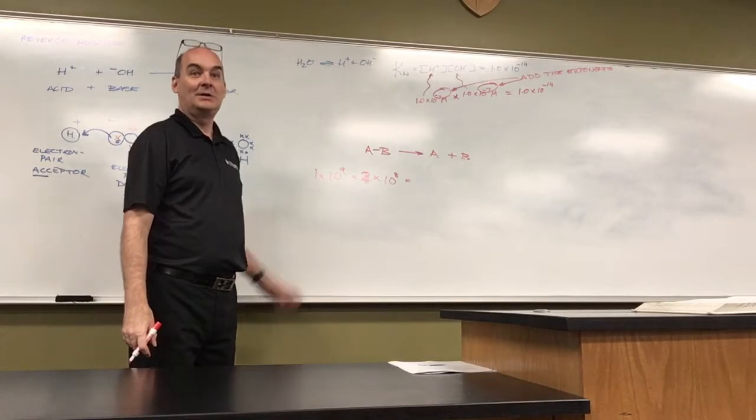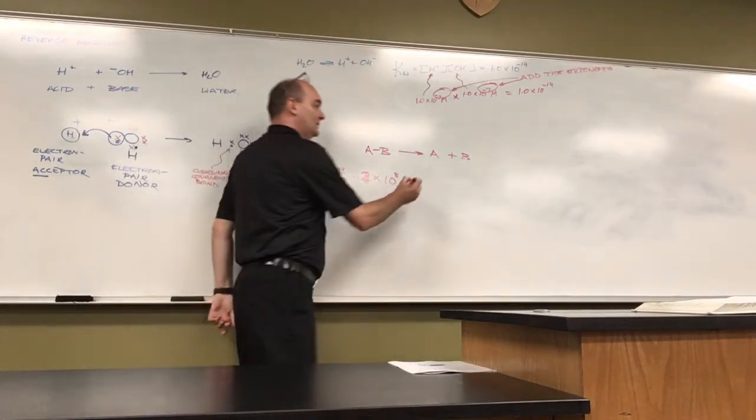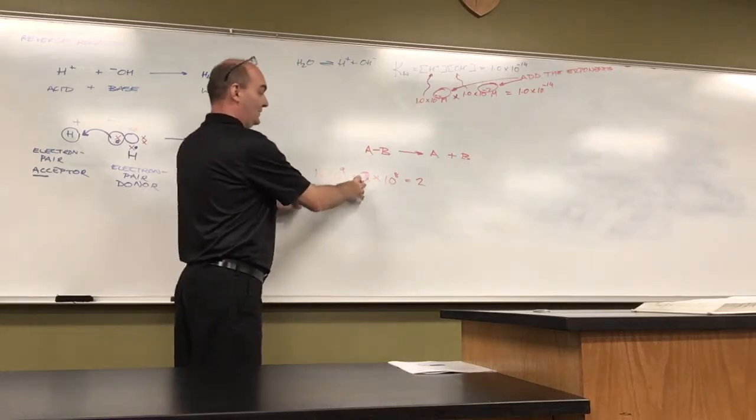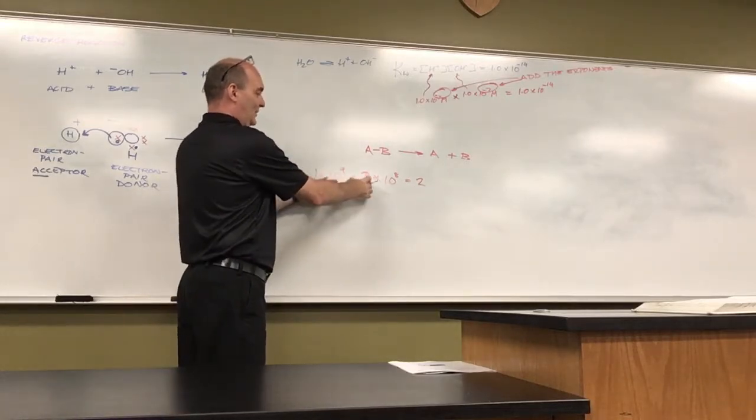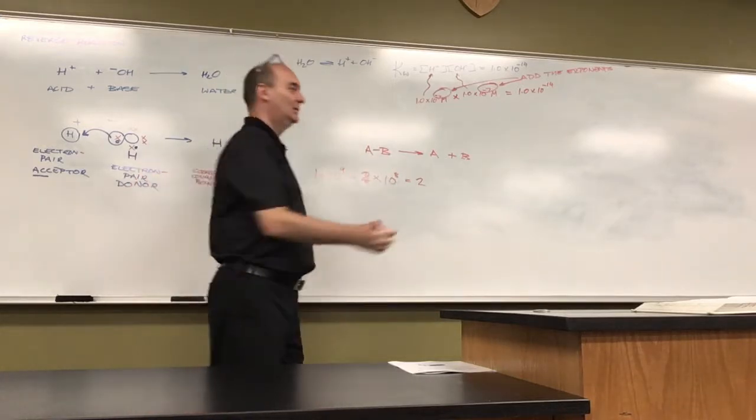Don't need your calculator. These are huge numbers, but the 1 and the 2 multiply. The numbers before the exponents actually multiply because you're telling it to do it, but then the exponents add. And 9 and 8, 17.